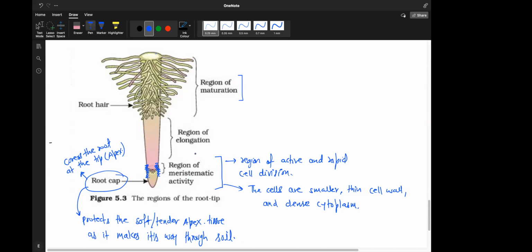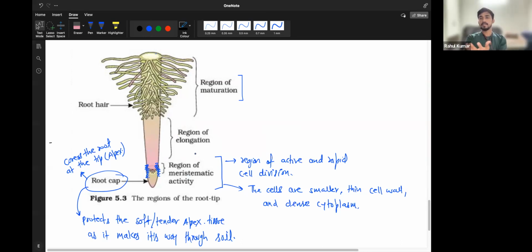Yes. Now, once cells divide and grow in number, what is the next thing they would like to do? The number has increased. Now, after every cell division, what does the cell do? It grows in size.